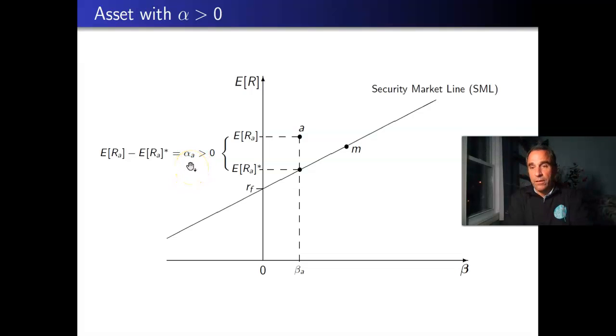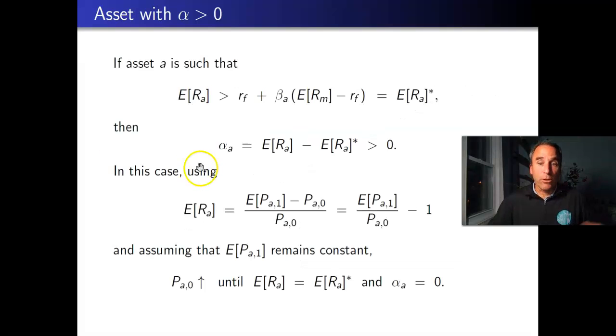So when newsletters say they are looking for alpha, you look for assets that are undervalued, that provide a larger expected return than what they should provide given their systematic risk. So if an asset A is such that its expected return is greater than the CAPM equation, the difference is called alpha.